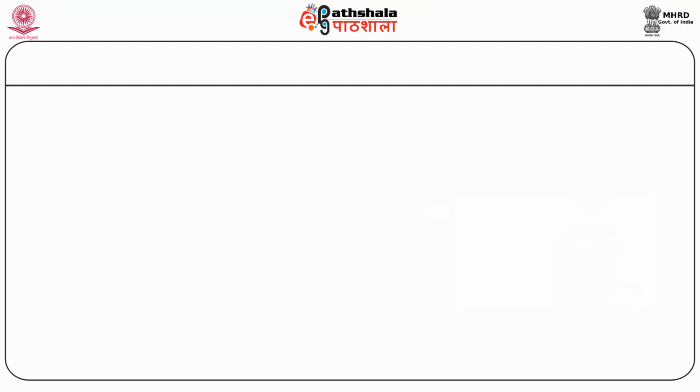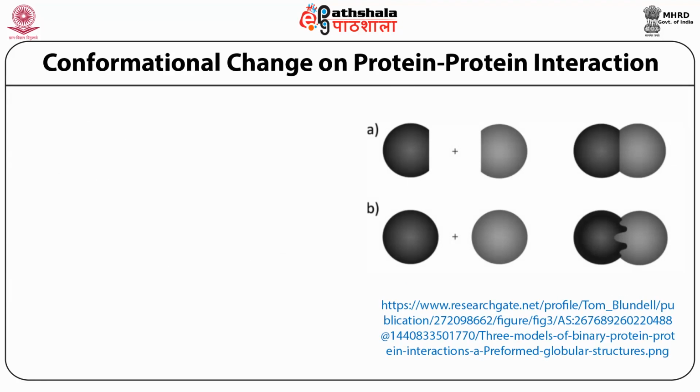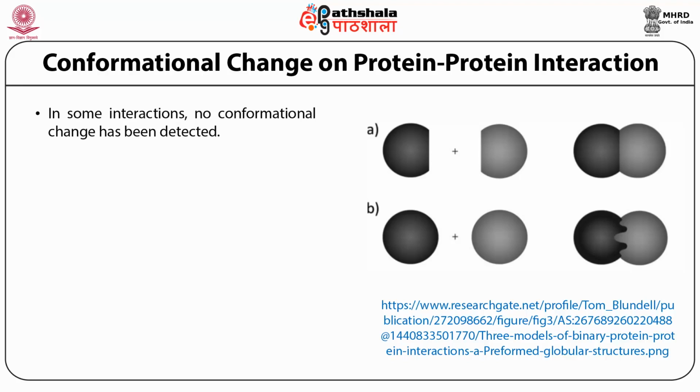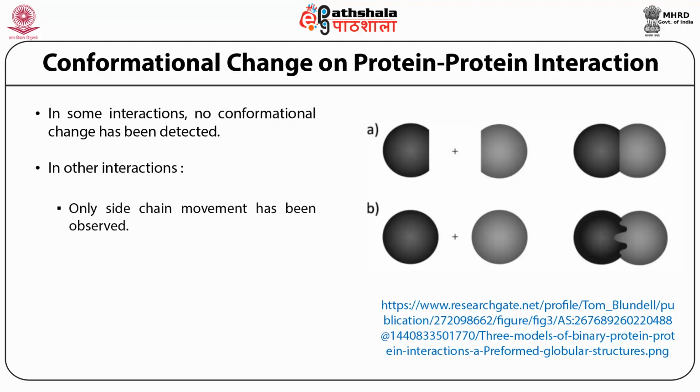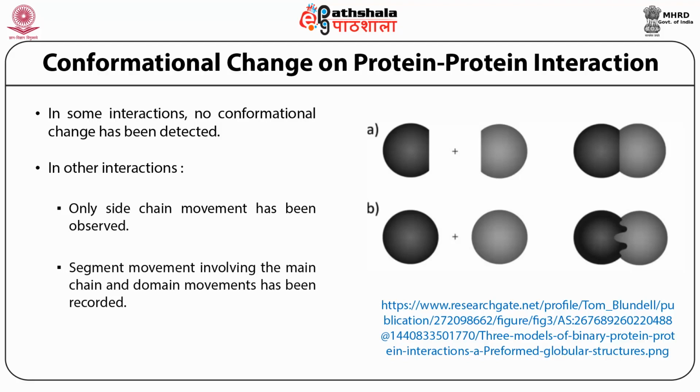The other parameter that we have to worry about is the conformational change on protein-protein interactions. It depends upon the protein-protein interaction. In some interactions, there might not be any conformational changes, but in other interactions, there can be conformational changes. In some, only side chain movement has been observed, whereas in others, entire segment movement has been observed.